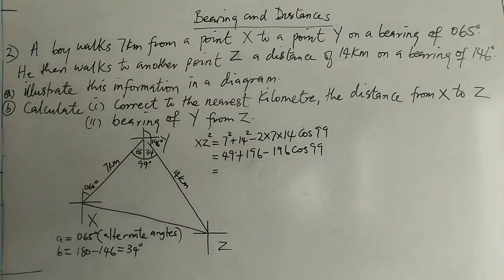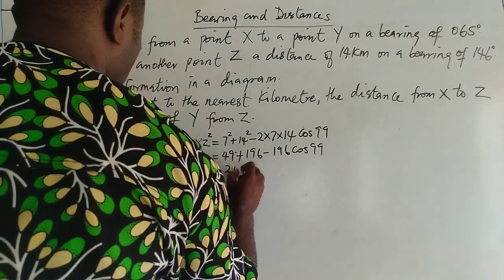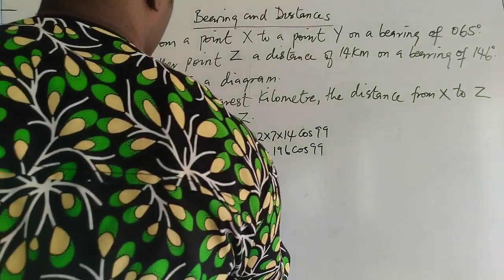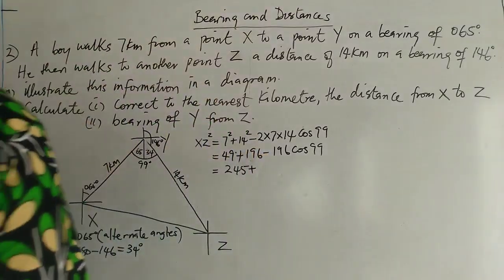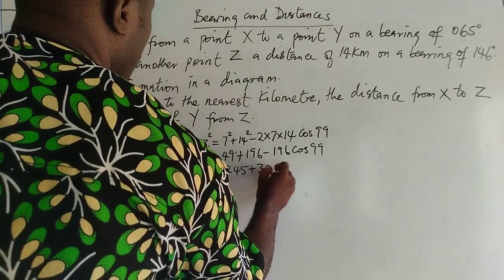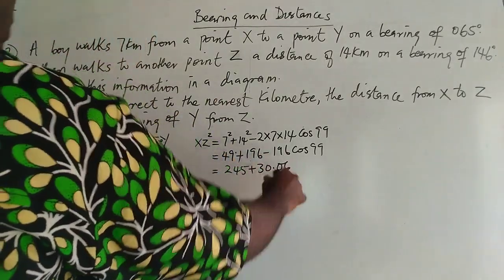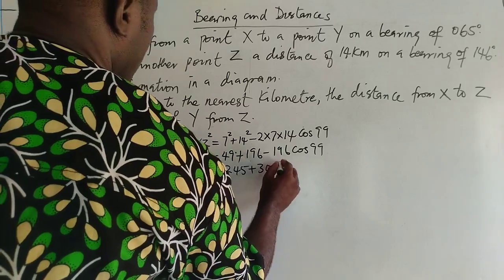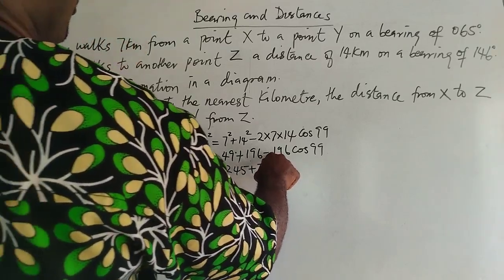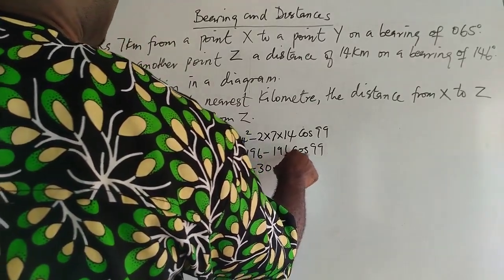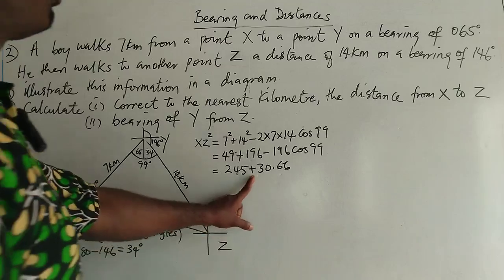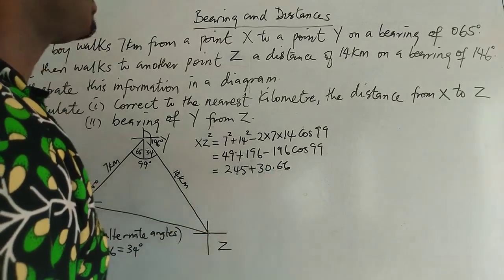And if you continue, that will give you 245 plus 30.66. Minus 196 cos 99 will give you plus 30.66 if you use your calculator.